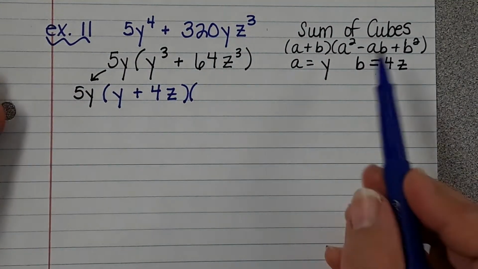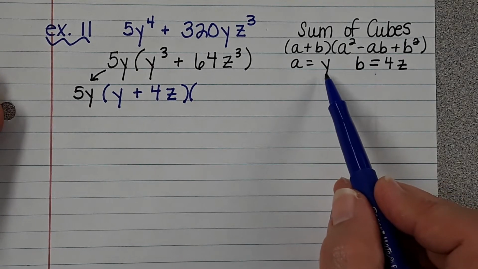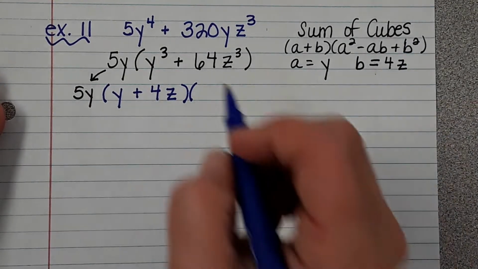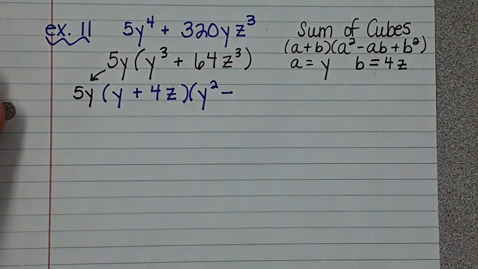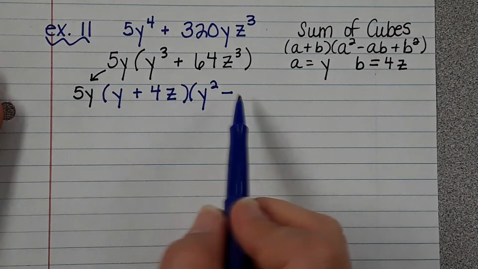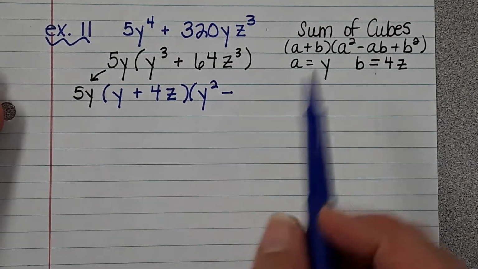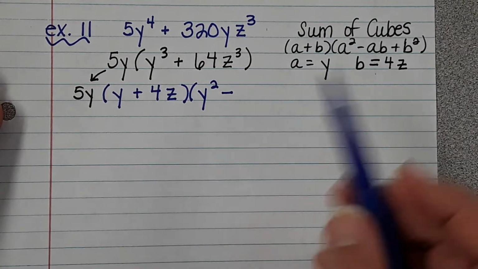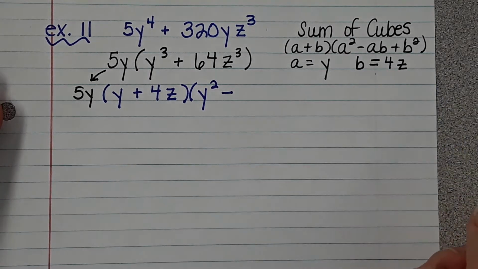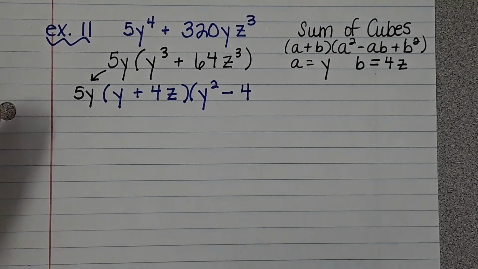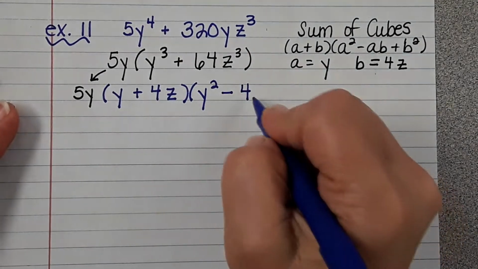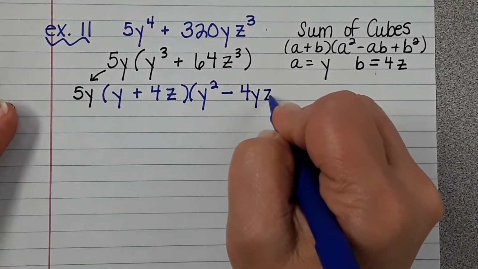Okay, now it's going to be a squared. Well, that a is y, so what is y times y? Y squared. If this is positive, this is negative automatically. These are always going to be opposites. And then this term is a times b, so what is y times 4z? 4zy. But you always put your variables in alphabetical order.